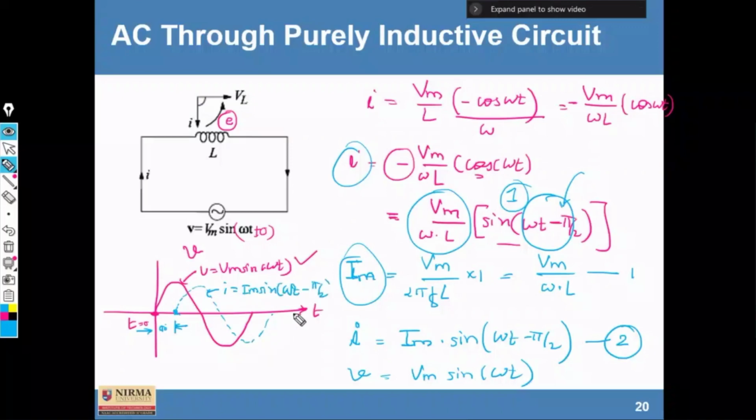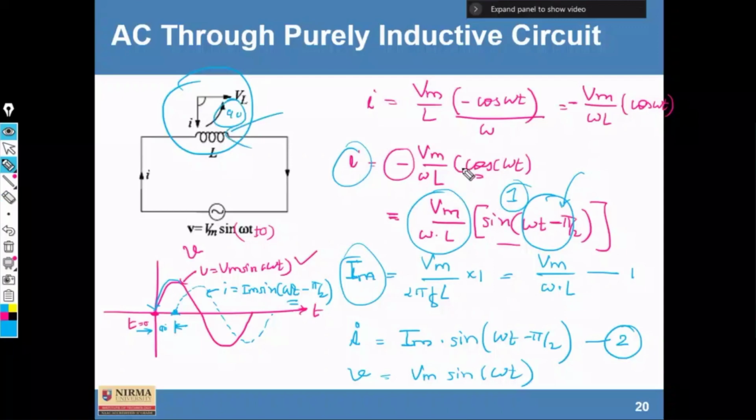So this is the difference of voltage and current when there is a purely inductive circuit. That means the voltage is always the leading quantity by 90 degrees, and current is always 90 degrees lagging. In this figure, the voltage is represented as the leading quantity, and current is the lagging quantity by 90 degrees, when it is a purely inductive circuit.